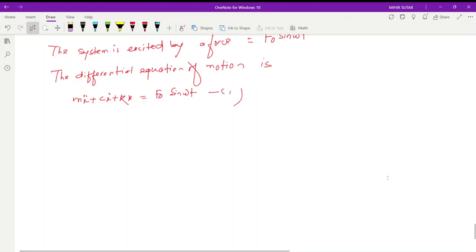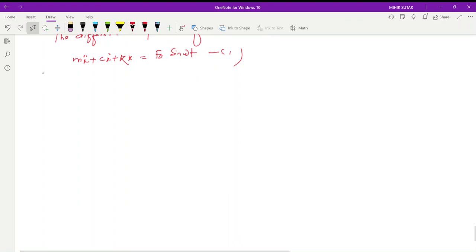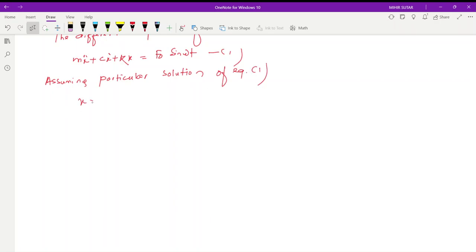Now, assuming particular solution of equation 1 as x equal to capital X sine omega t minus phi.